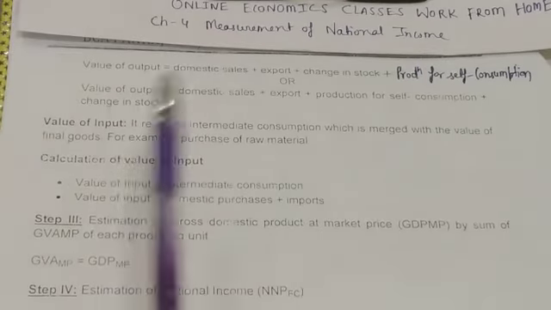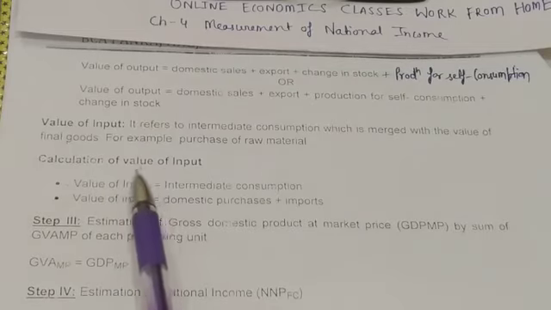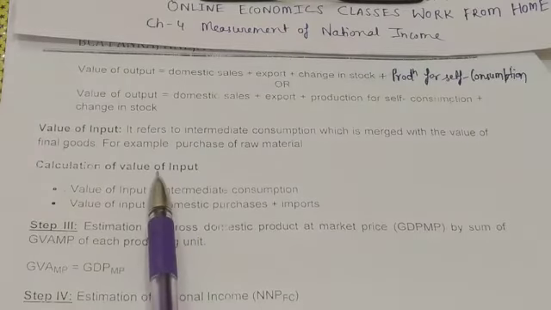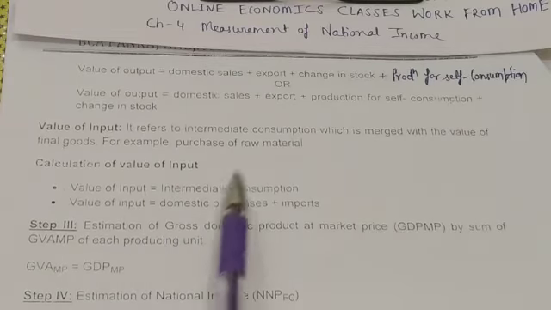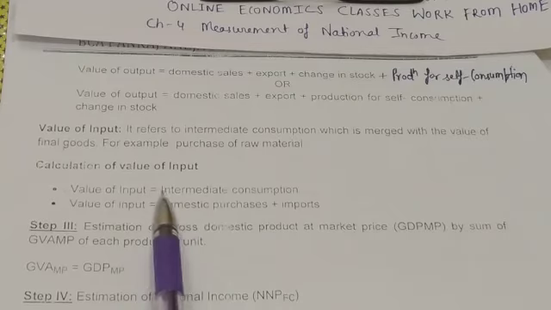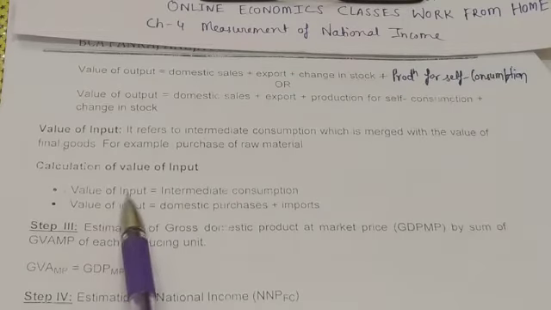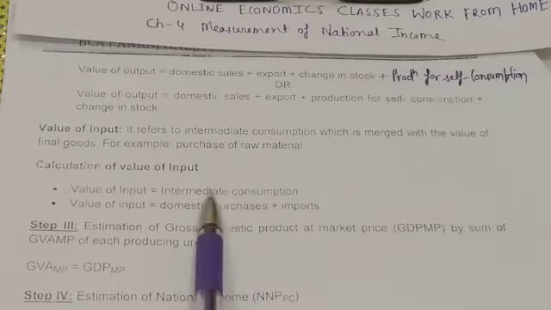See here, calculation of value of input. Suppose value of input is not given, how can we calculate it? Value of input is equal to intermediate consumption. According to this point, the other name of value of input is intermediate consumption or intermediate goods.